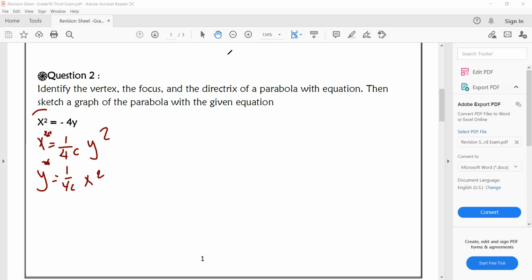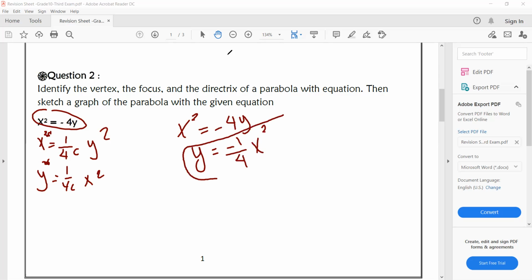Now look at this one here. What did we have? We have x squared equal negative 4y. So y is negative 1 over 4 x squared. This will be now the equation of the parabola.